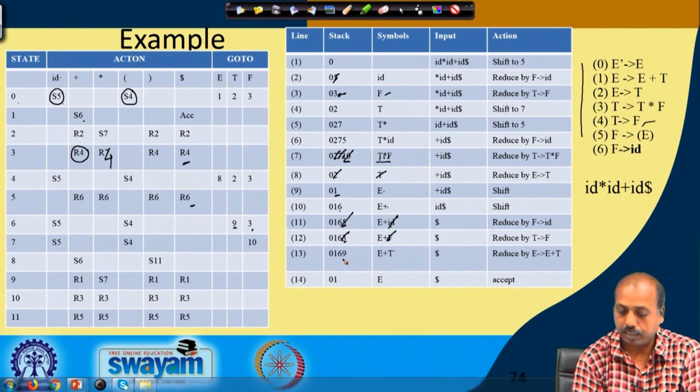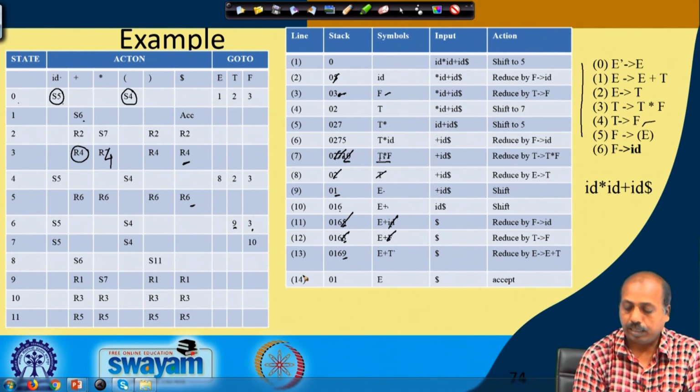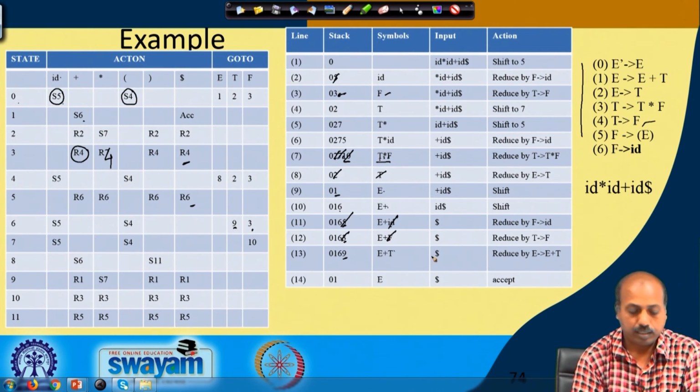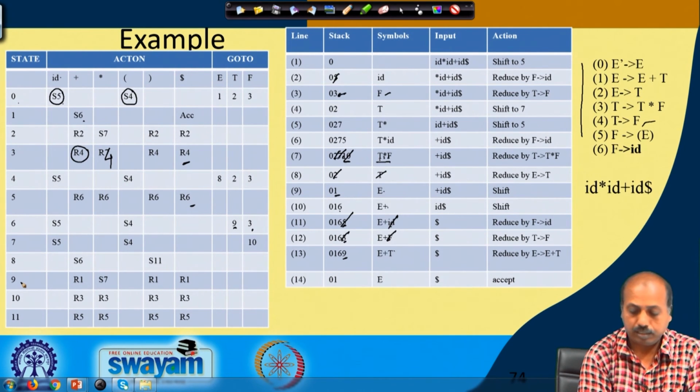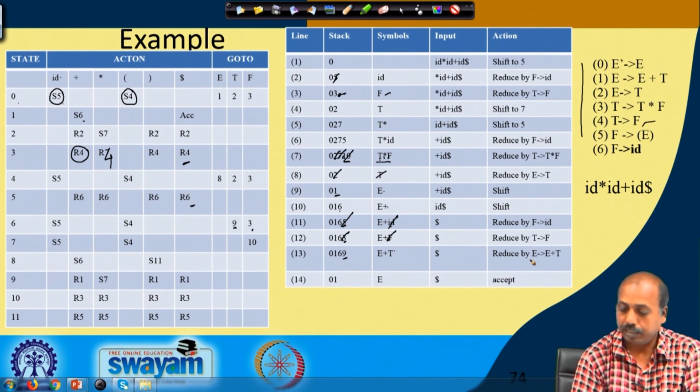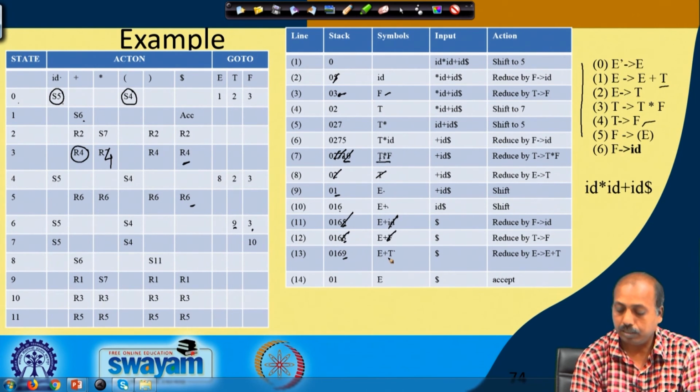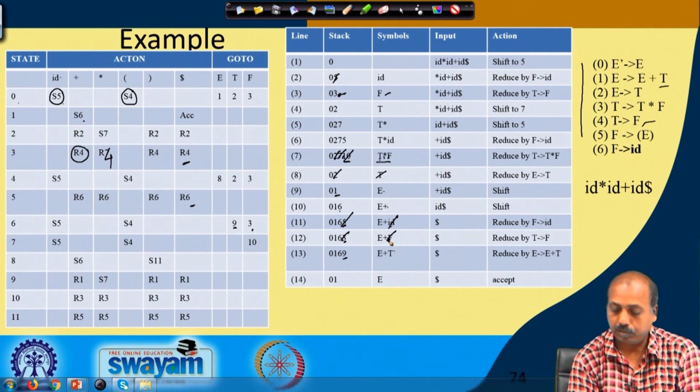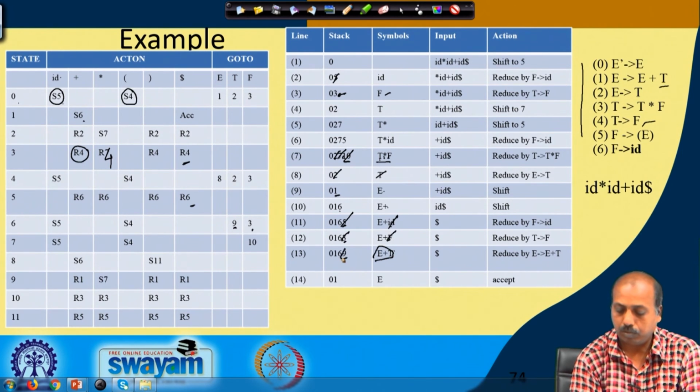So, it puts the state 9 into the stack, and from 9 dollar, it says reduce by rule number 1, that is E producing E plus T. So, it will reduce it by this rule. So, this E plus T is taken out, so 1, 2, 3 symbols. So, 1, 2, 3 states are taken out.